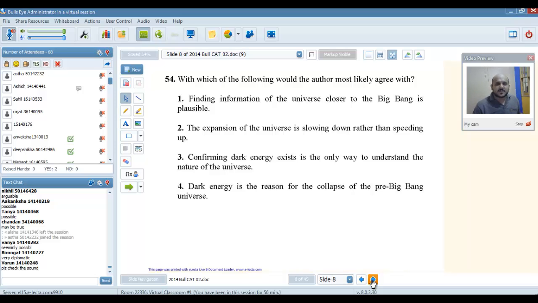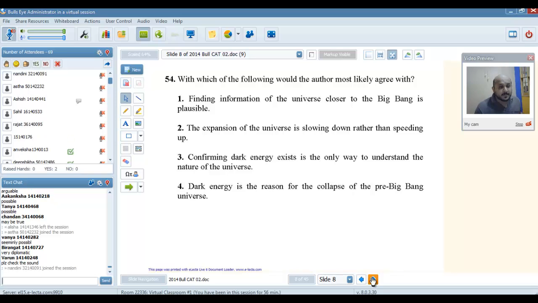It simply says finding information of the universe closer to the Big Bang is plausible. It is possible. Will it happen? We don't know. Will it not happen? We don't know. All we are saying is it is possible. Why is it possible? How do we obtain the information of the universe according to the passage?